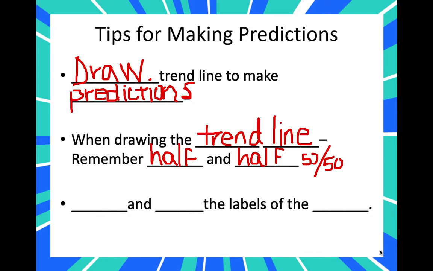So either way, when we draw these, we want it half and half again. Sometimes it'll hit all of them. Sometimes it'll hit none of them, or maybe even one or two. That's okay, as long as half the dots are on top and half the dots are on bottom. And again, I know this is kind of weird and awkward, but it will make sense when we start looking at some.